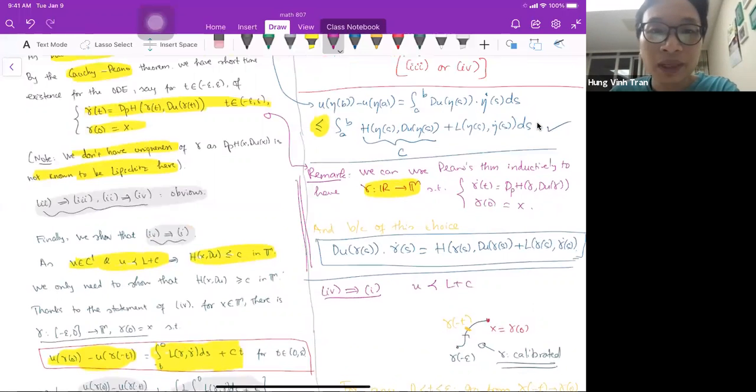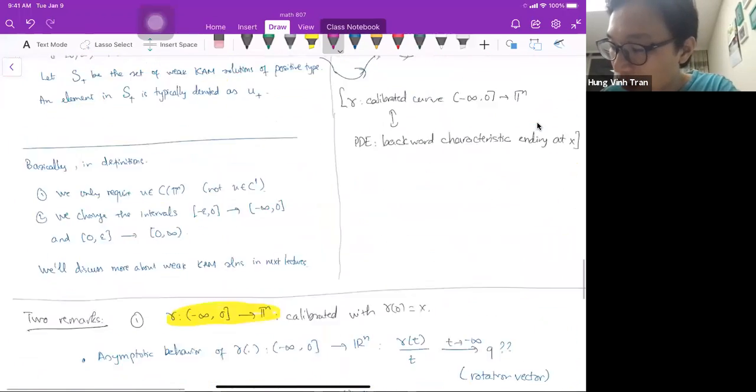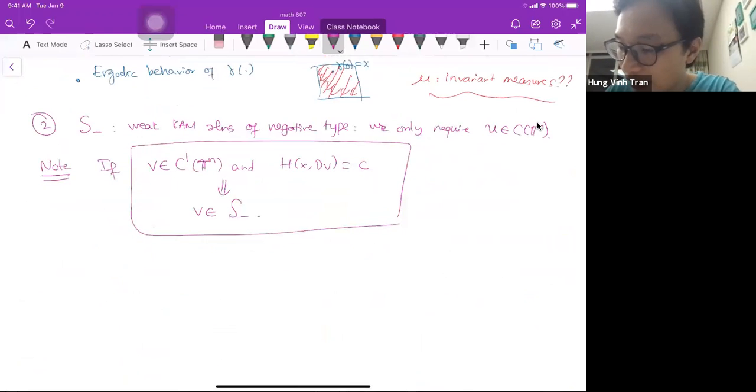Because if v or u is C1, then you can define your curve gamma on the whole real line. If v is like this, then you can define gamma dot of t equals D_pH(gamma(t), dv(gamma(t))), and gamma 0 equals x.